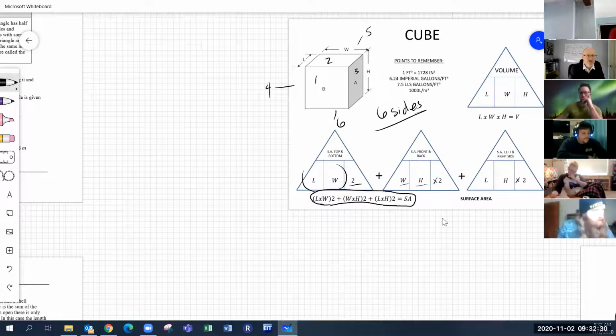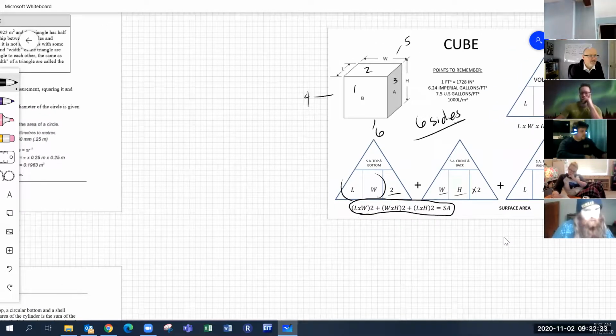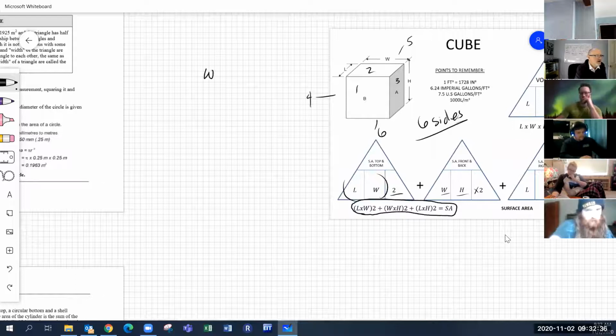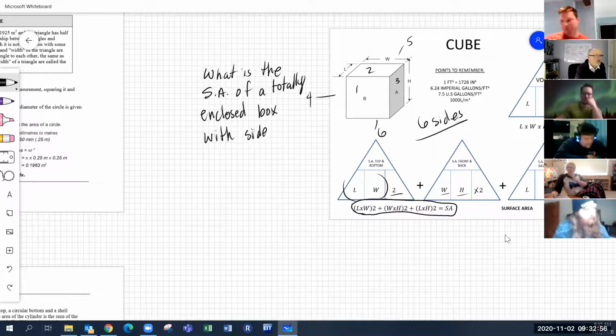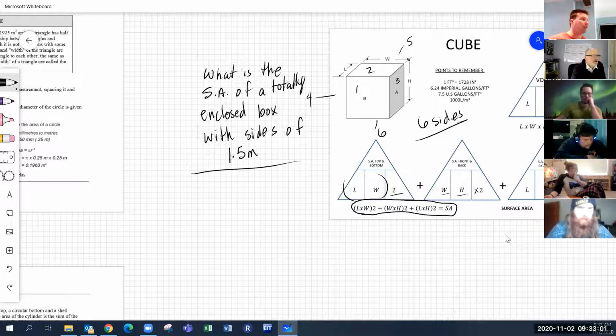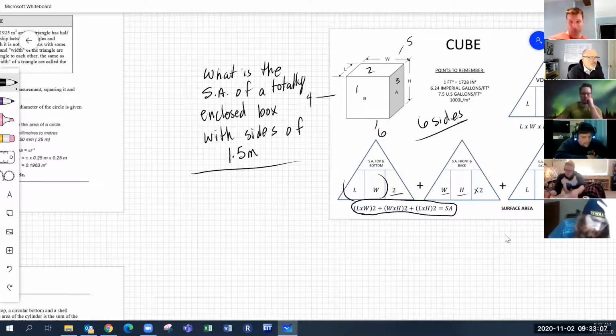So I'm going to ask you a question on this. What is the surface area of a totally enclosed box with sides of 1.5 meters?